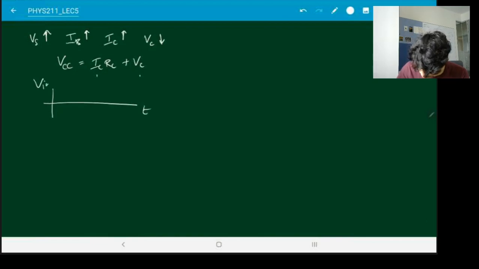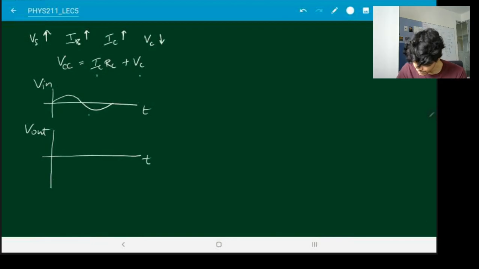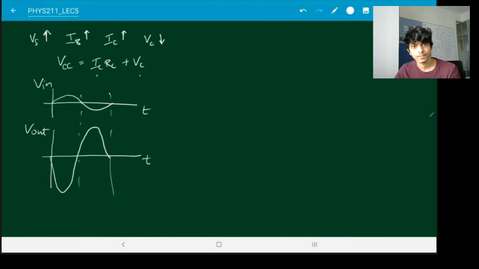So if this is your input, then your output is amplified, but it is the other way. Get it? So this is called an inverting amplifier.